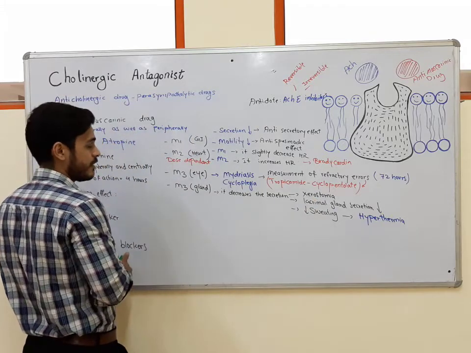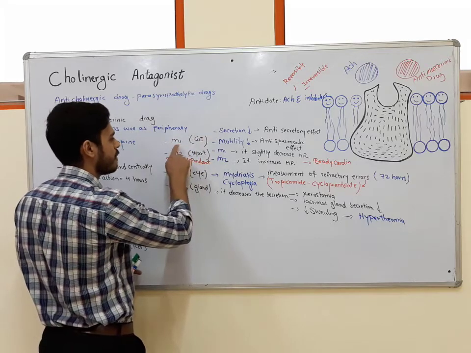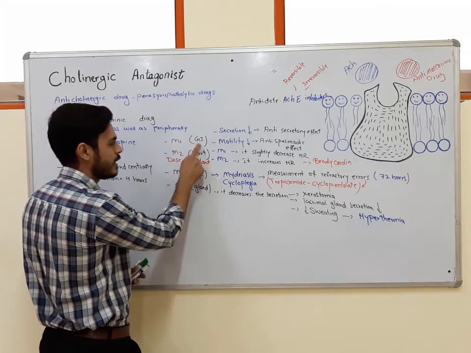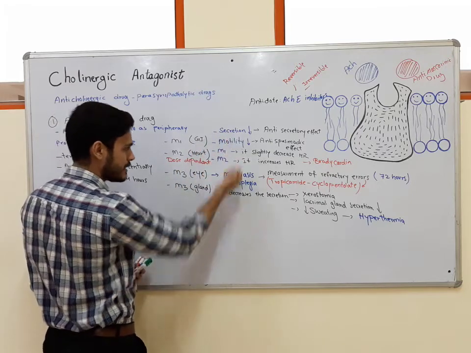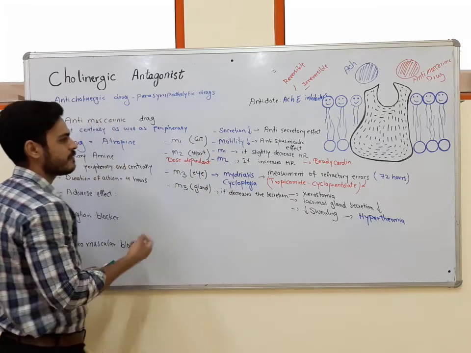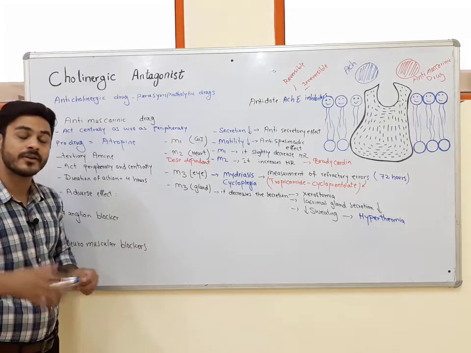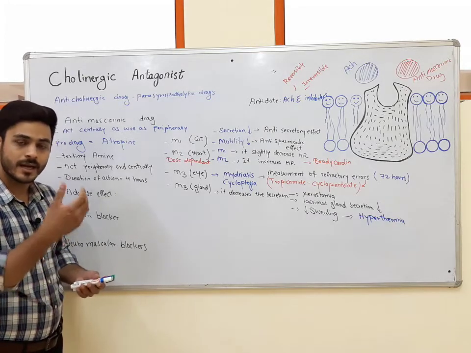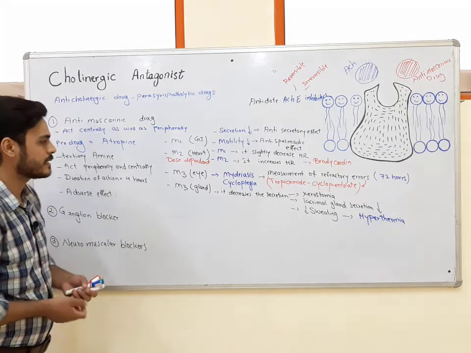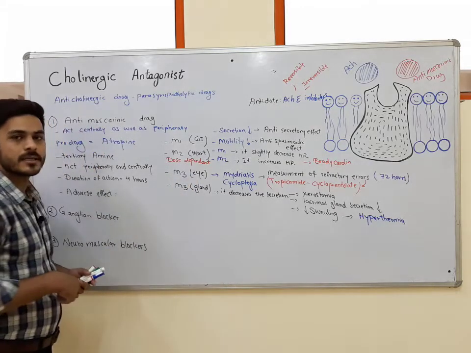Some other adverse effects you can guess, by its action on M3 receptor on the gastrointestinal system. When it decreases the motility, one of the adverse effects can be constipation. It can affect the M3 receptor on the bladder also, and it can cause urinary incontinence. By its action on M3 receptor on the eye, it can cause blurred vision.